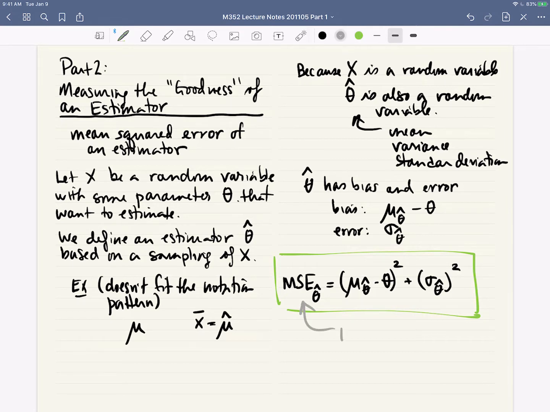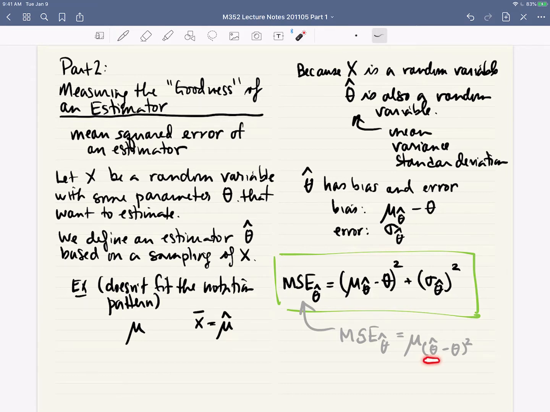There's another formula for the mean square error that is illustrative. Turns out the mean square error can also be calculated using this formula: the mean of the difference between our estimator and the parameter, squared.